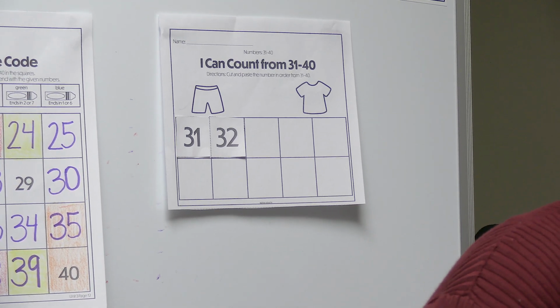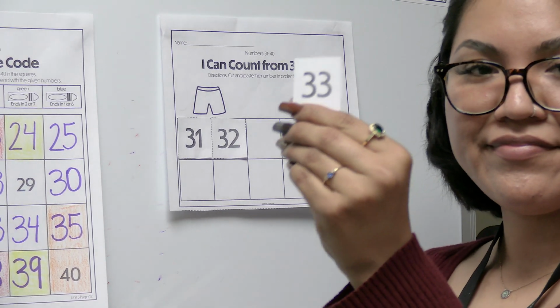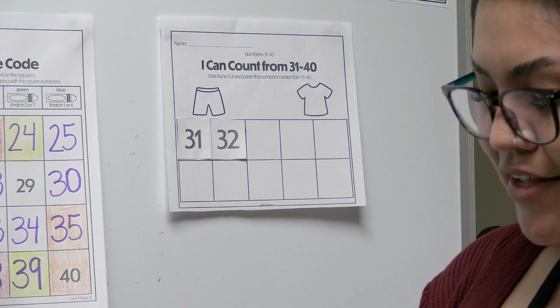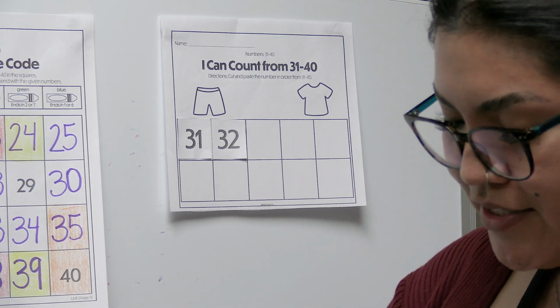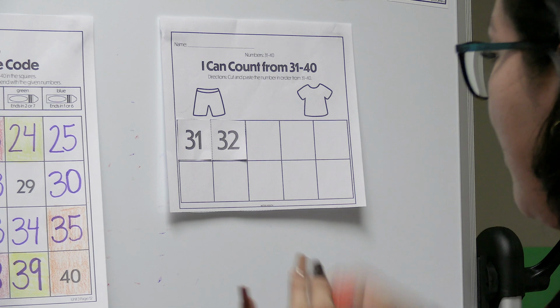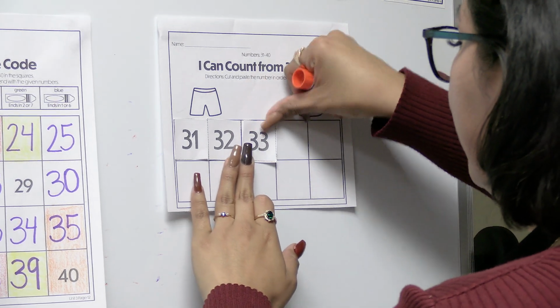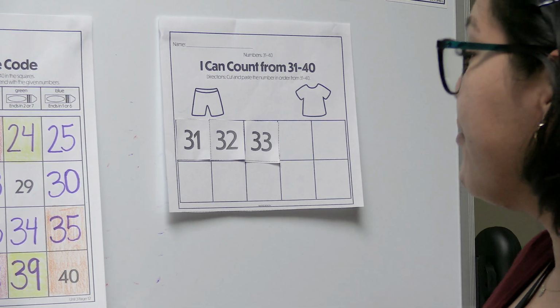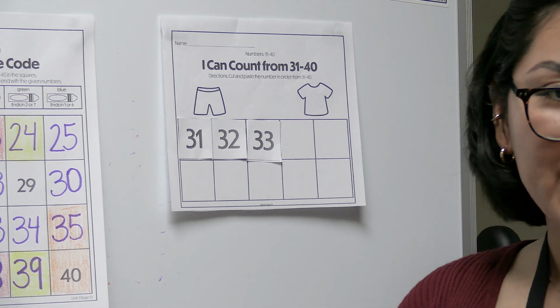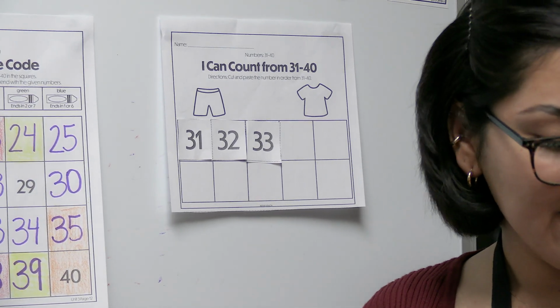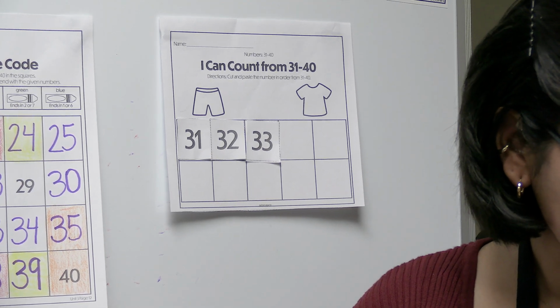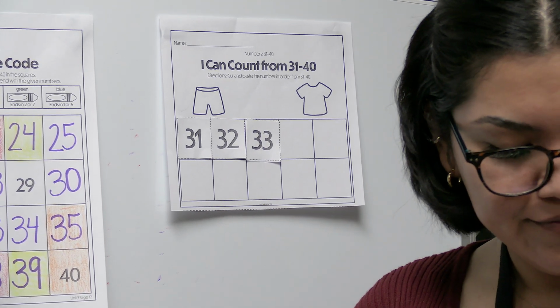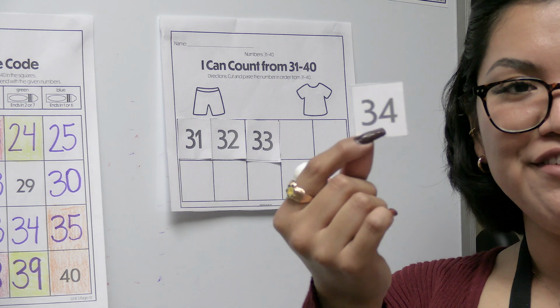So look for the number 33. And then we can put some glue and then paste it in our next box. Okay, so we have 33. What comes after 33? 34. So let's look for the number 34.